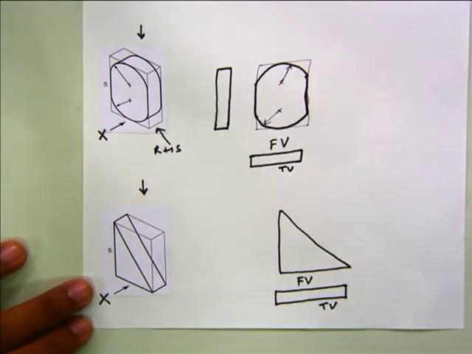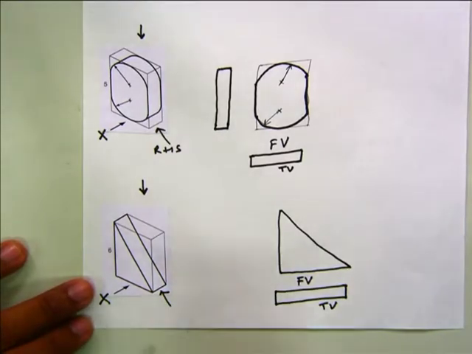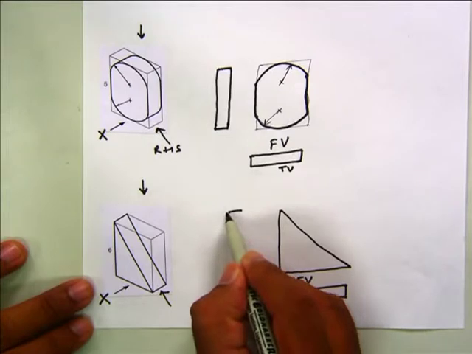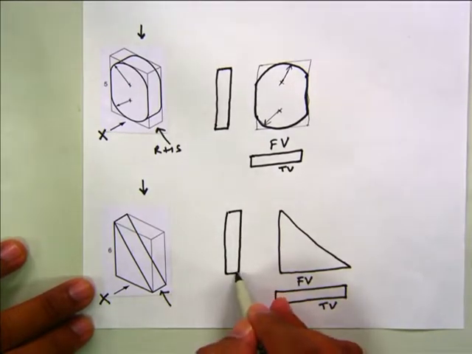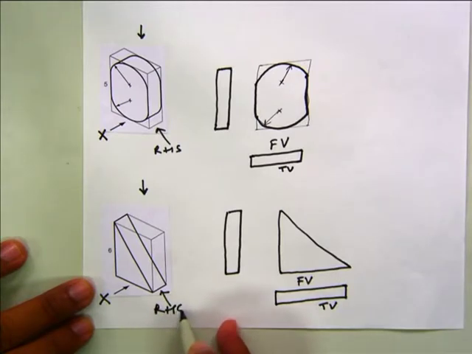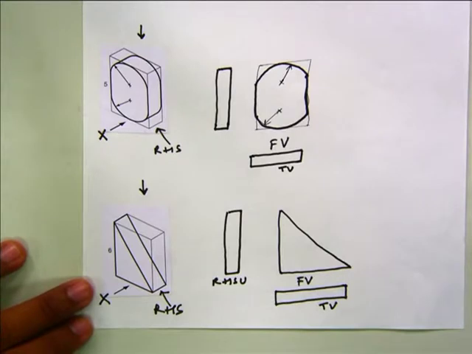It is rectangle again. From the top, when you view, it is rectangle. When you are viewing from this side, this is your right hand side. So this is right hand side view. Again it is a rectangle.